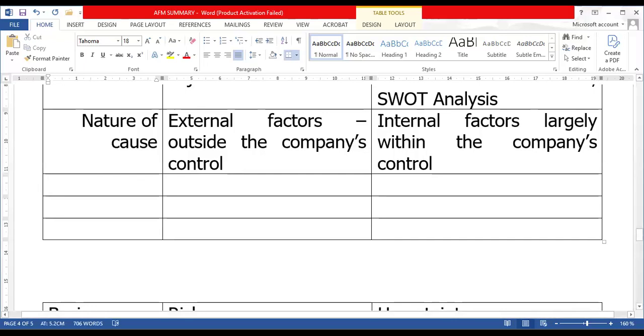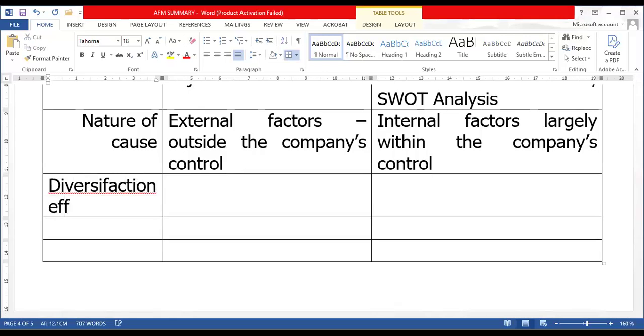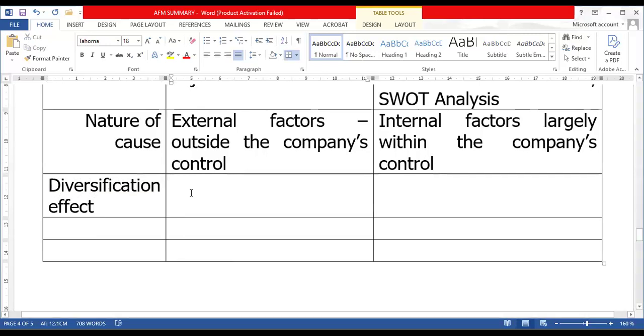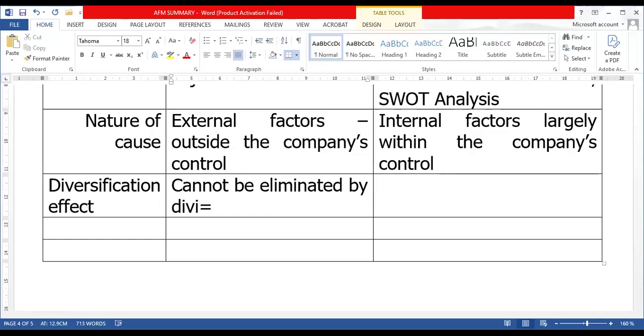We can also talk about the diversification effect as another point. Here we can say that systematic risk cannot be eliminated by diversification.